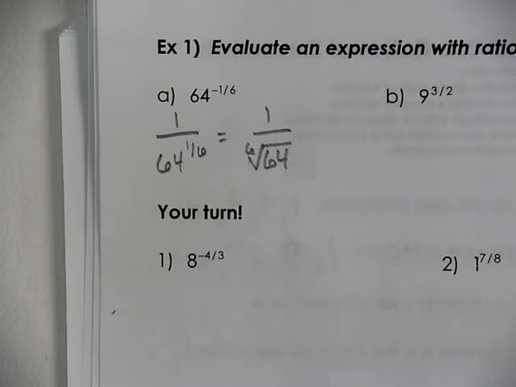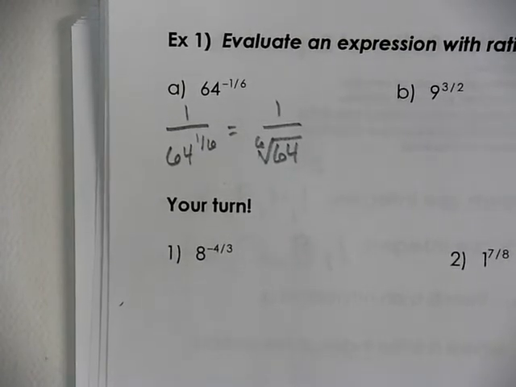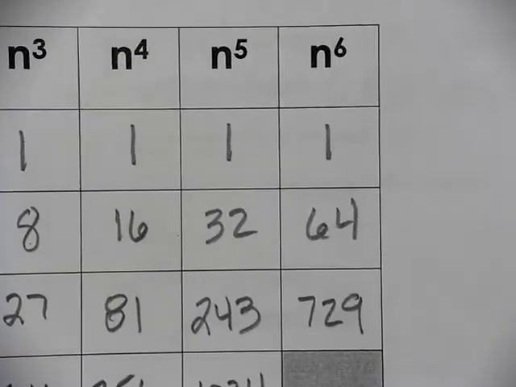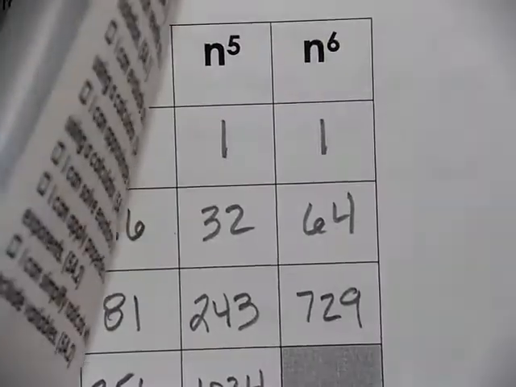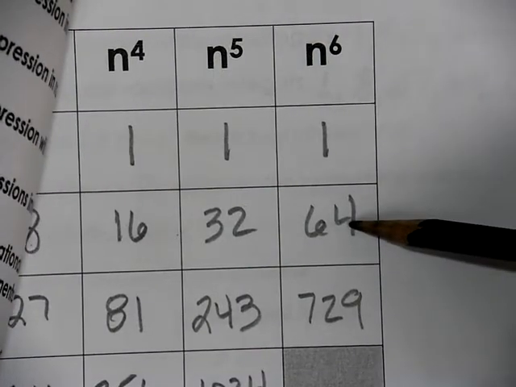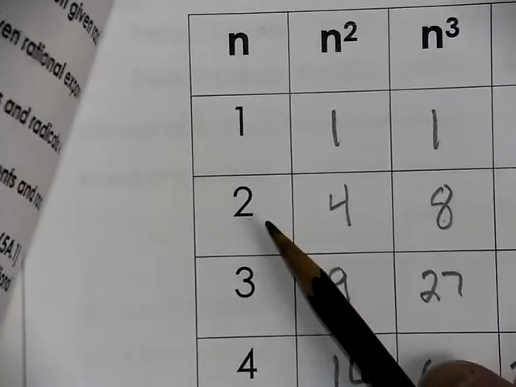I can use my power table to try to find the 6th root of 64. 6th root of 64, and that's going to be the number 2.